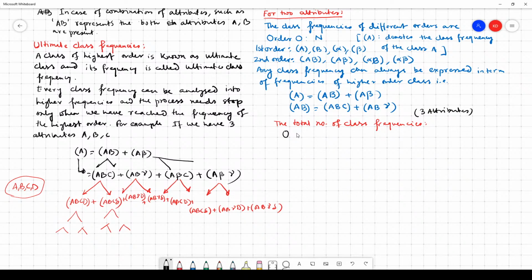This is the process. So order 0, total frequency in order 1, this is broken into 6 parts. First, these are the present, and these are the absent.